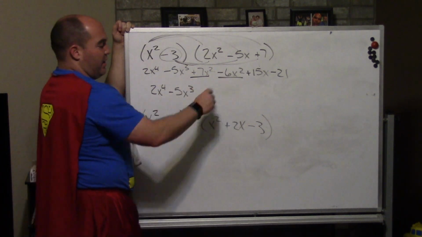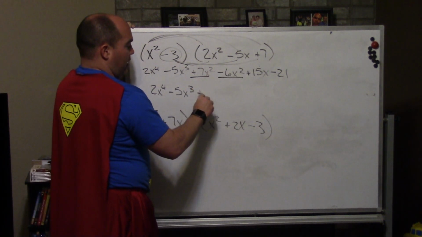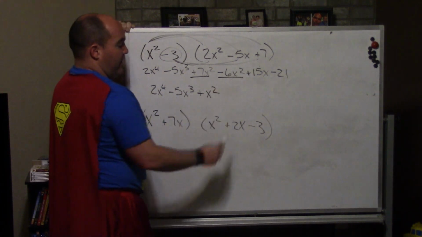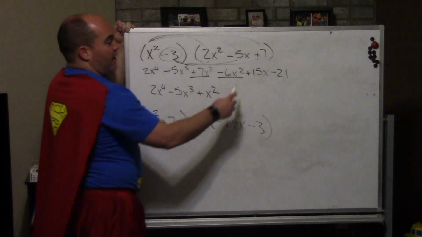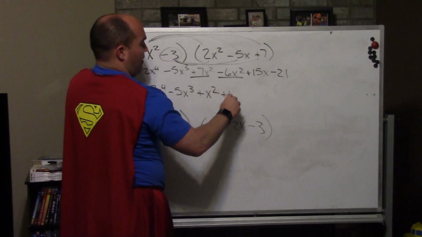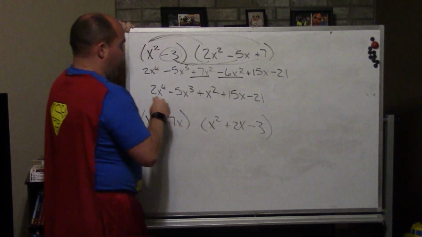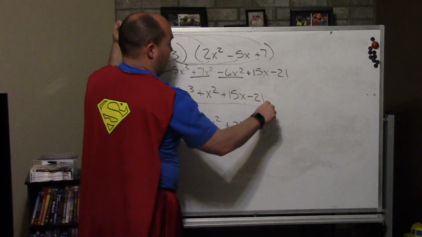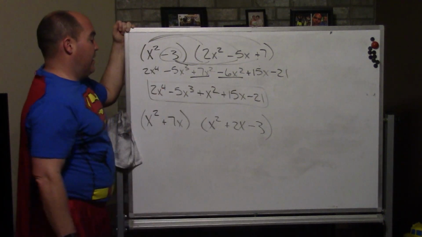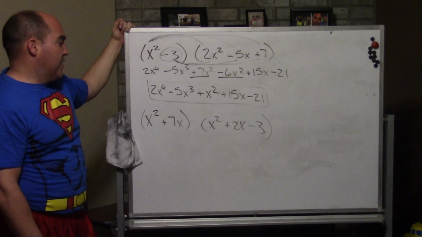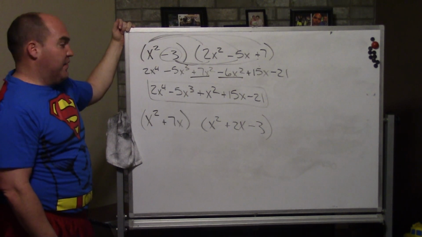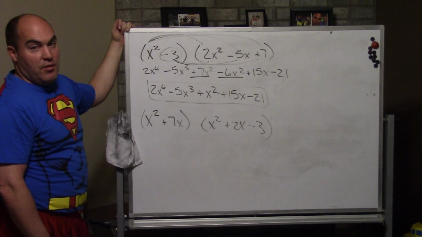So 7 minus 6 is just 1x squared, and that's positive. So I'm just going to write plus x squared. Then I've got plus 15x, and I've got minus 21. So here's my answer. Okay, 2x to the fourth minus 5x cubed plus x squared plus 15x minus 21.